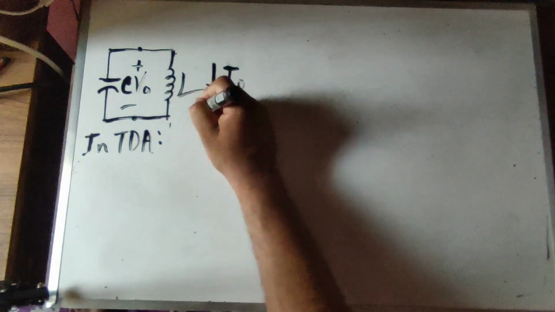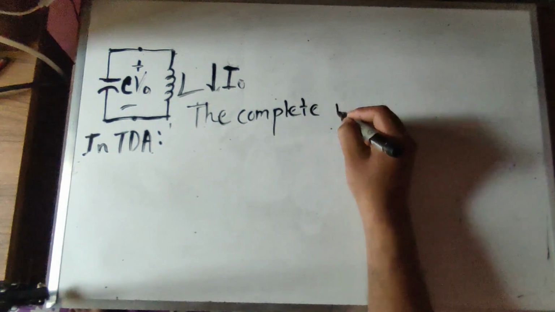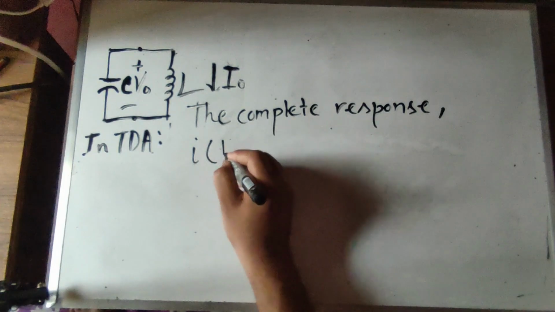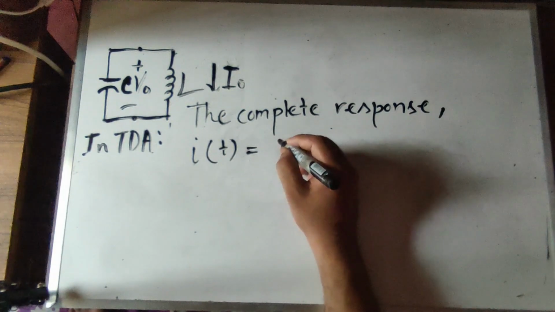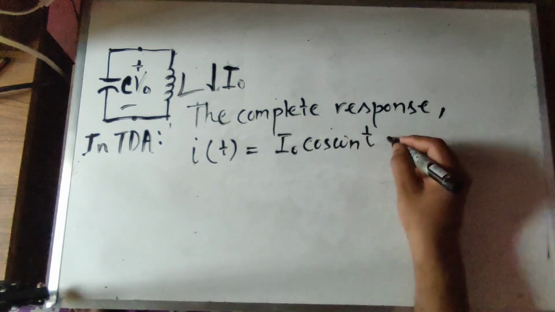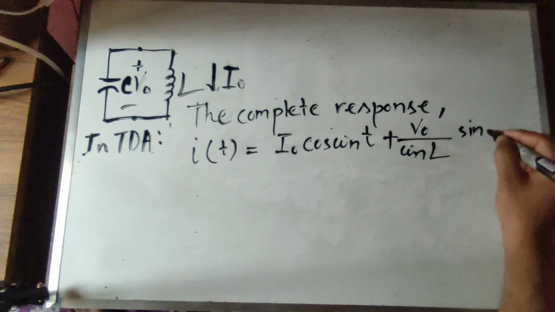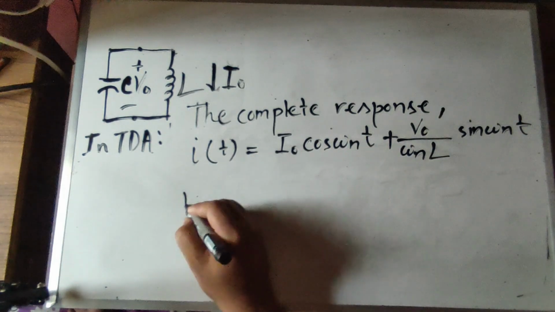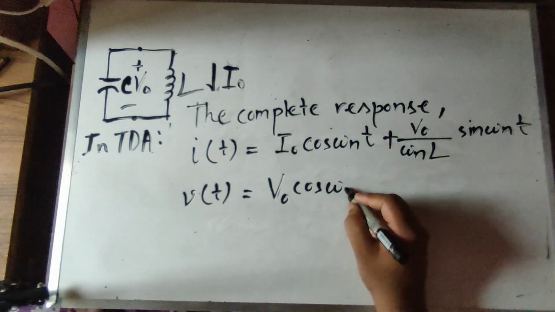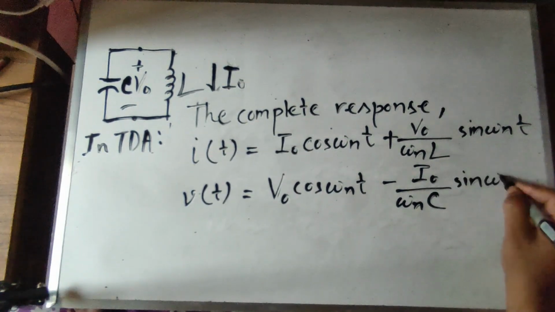The complete response is: current equals initial current across the inductor cos omega n t plus initial voltage by omega n L sine omega n t, and the voltage response will be initial voltage cos omega n t minus I0 by omega n C sine omega n t.